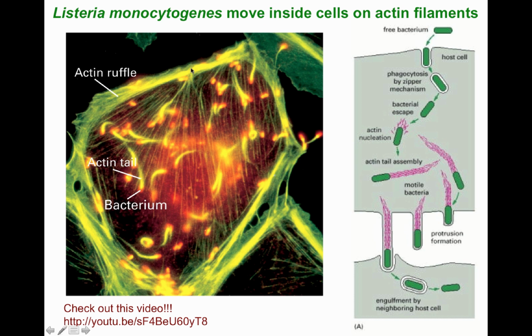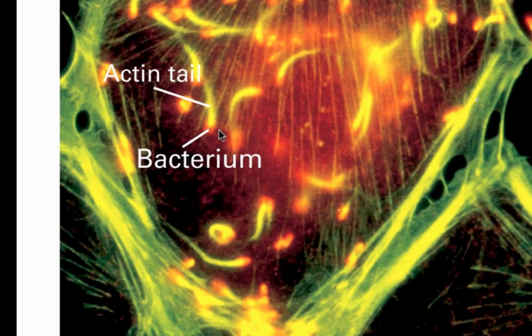You can see the actin ruffle going all around the cell, the network around the cortex. You can also appreciate some actin spreading across the cell as part of the cytoskeleton. But these little red structures inside the cell are the bacteria, and behind the bacteria you have what seems to be an actin tail, and that actin tail looks like a comet tail.